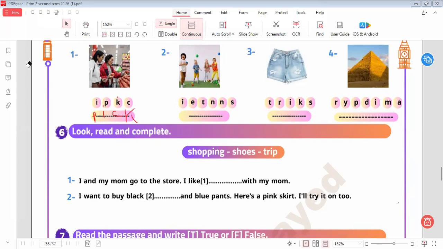So I don't know this. I leave this until I know it. Here I say skirt. Here is pyramids. They have pyramids.